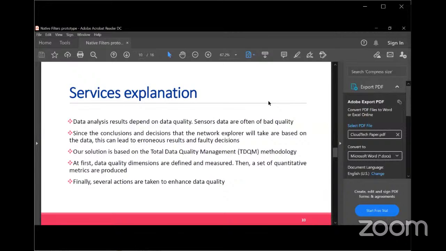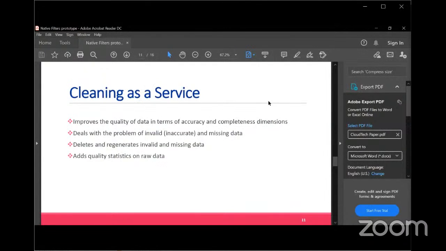Our solution to clean the data and improve its quality is based on the total data quality management methodology. In this methodology, at first, the data quality dimensions are defined and measured, and then a set of quantitative metrics are produced. Finally, several actions are taken in order to enhance the data quality.